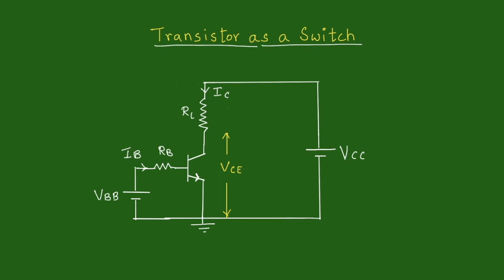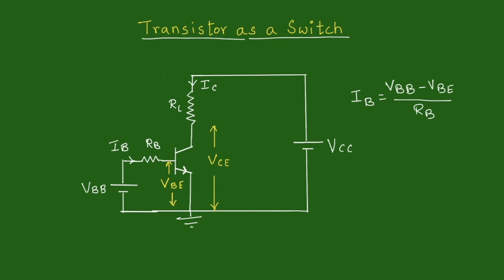Let us come back to our circuit of this transistor. Here we are connecting DC power supply with voltage VBB which supplies base current IB. If VBB forward biases base to emitter junction of the transistor, VBE, that is the potential difference between the base and emitter of the transistor, will have a fixed value depending upon the type of the transistor.